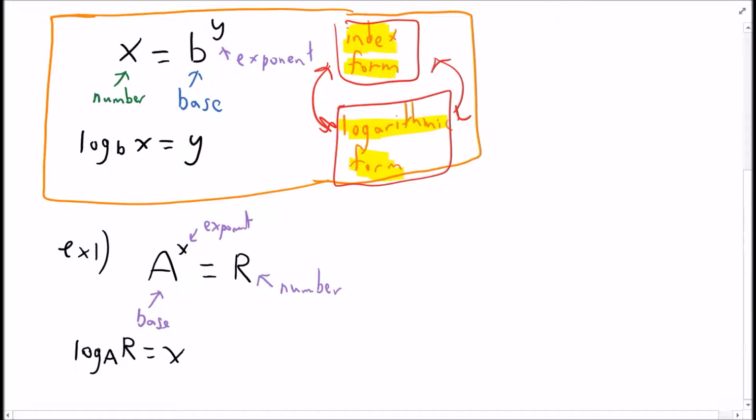So if I had a to the power of x equals r, that's the same as log base a of r equals x. I'm not sure if you could see it from when I wrote it above, but the base always goes a little bit lower than the word log, and it's a smaller letter, and then the number. I'll try to show it a bit more in the next one.